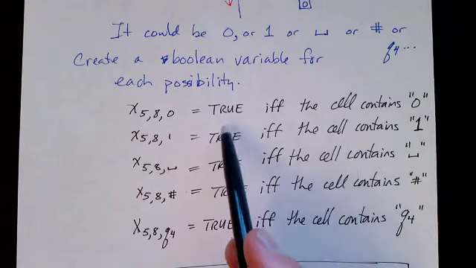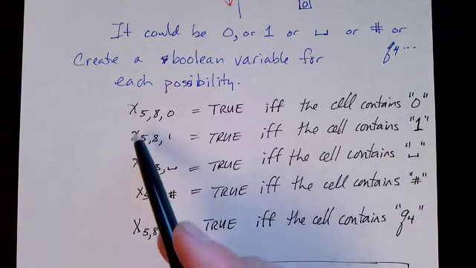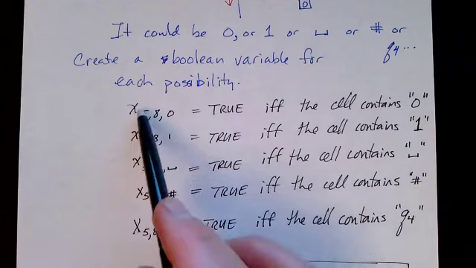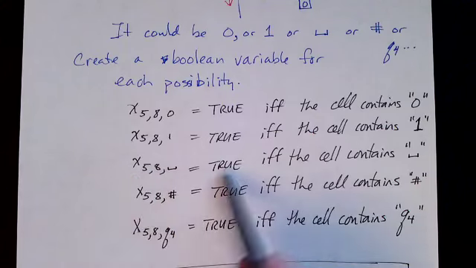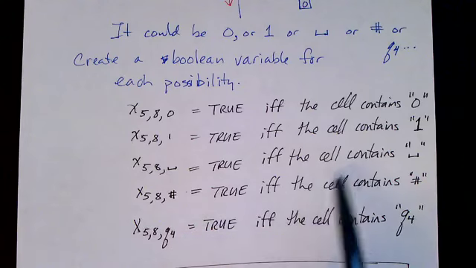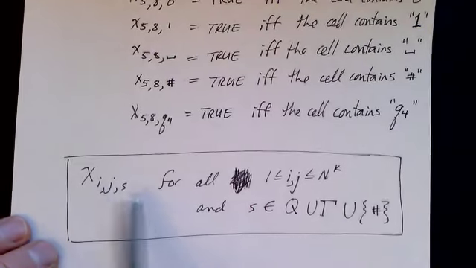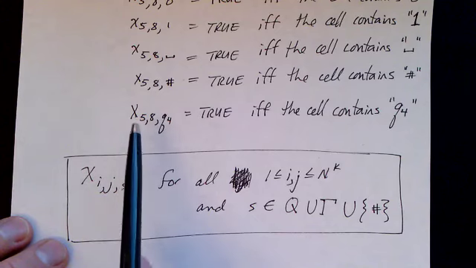So for example, if the cell contains a 1, then the variable x581 would be true, and the variables x580 would be false, 58 blank would be false, 58 pound would be false, and so on for the other variables, for the other tape alphabet symbols and states. So we can use this notation for our variables.